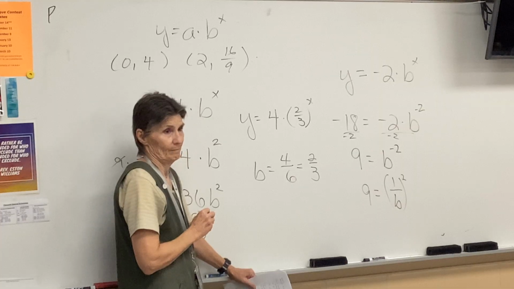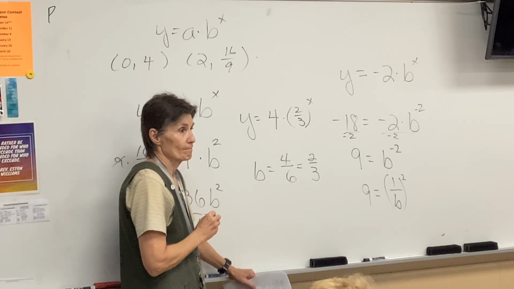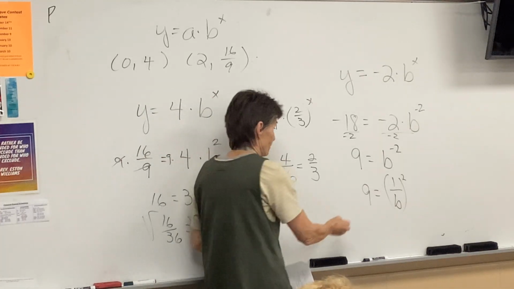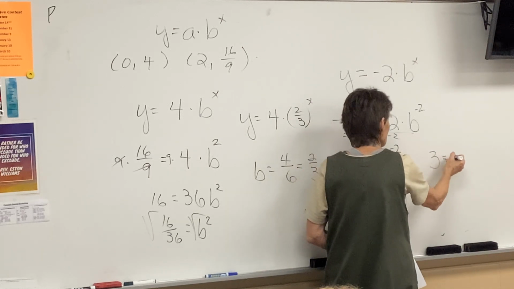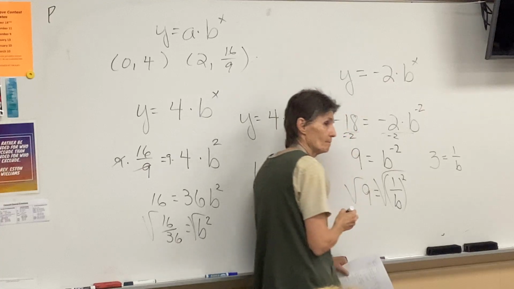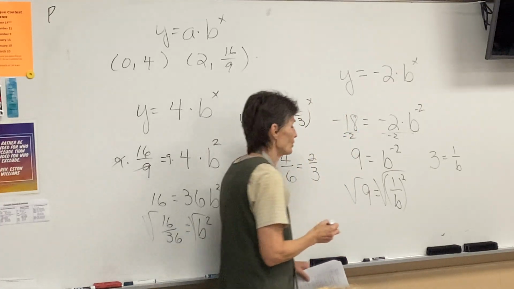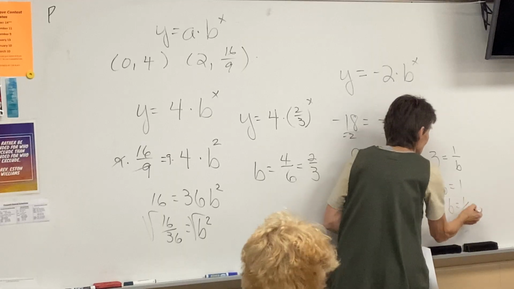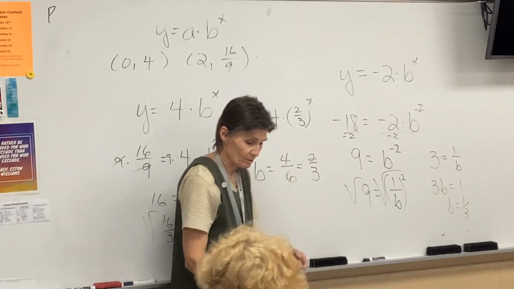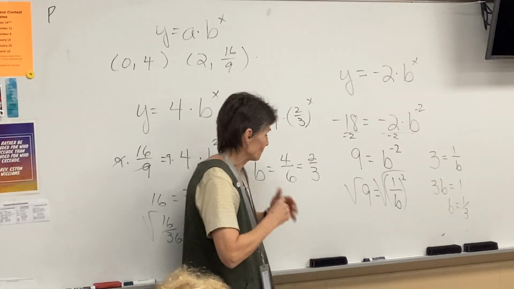Now what? Square root. So 3 equals 1 over b. Darn it. I'll multiply by b and divide, so b is actually 1/3. B looks out to be 1/3.